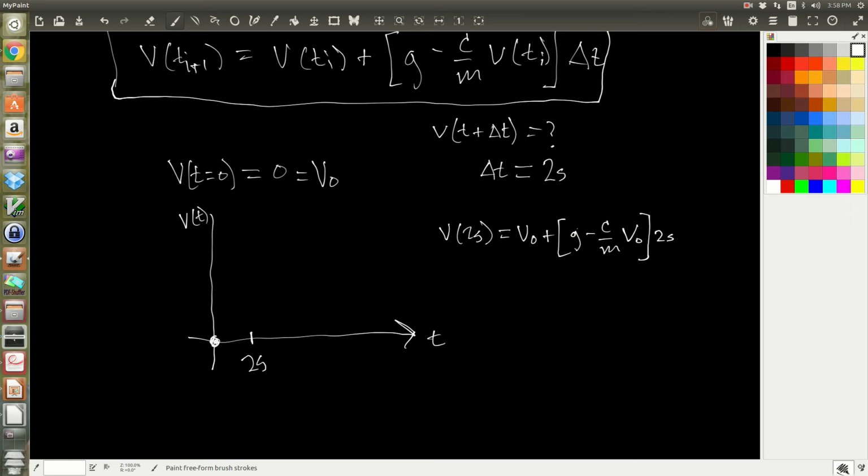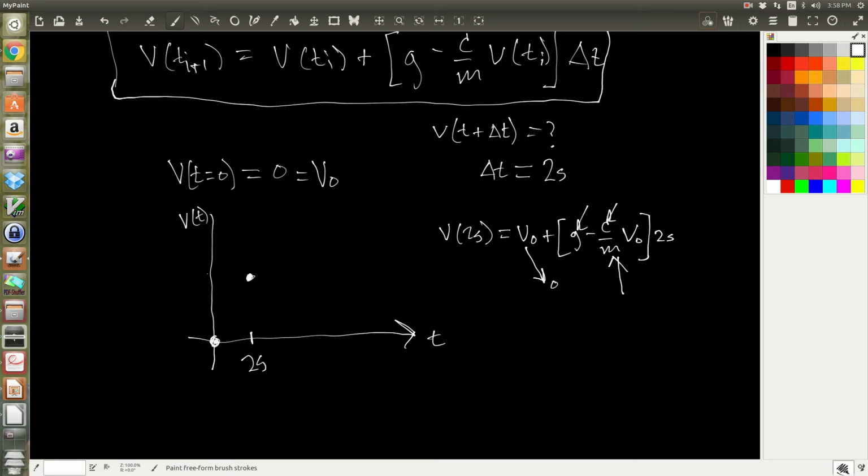Now I can plug in values for g, c, and m, and I know the velocity at time t equals 0 is equal to 0, so I can plug in all those numbers and get an approximation for the value of v at time t equals 2 seconds. It might be something like this.